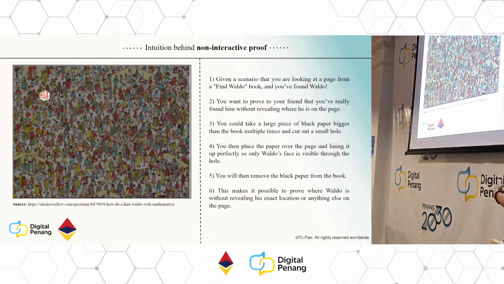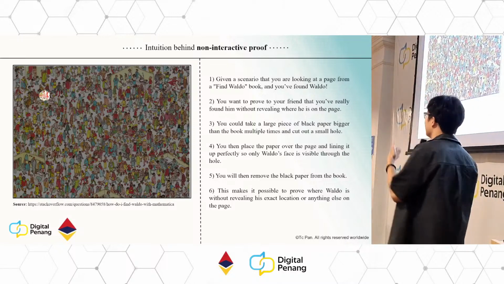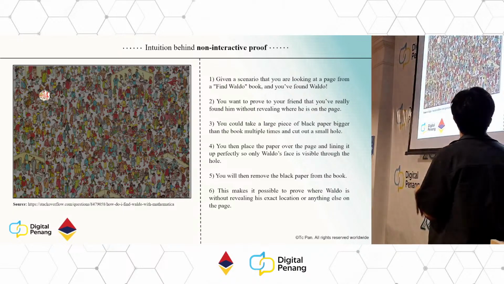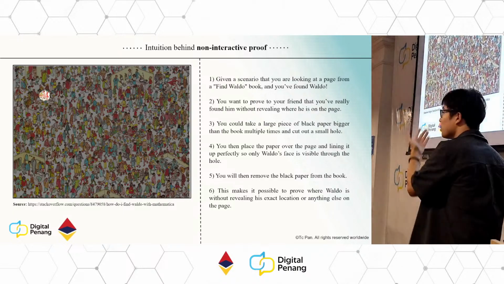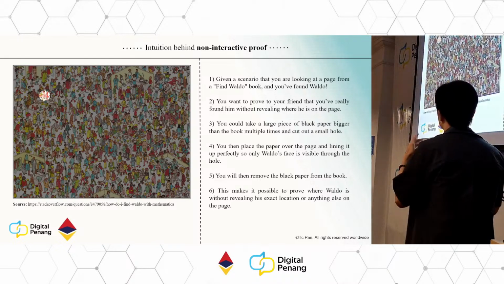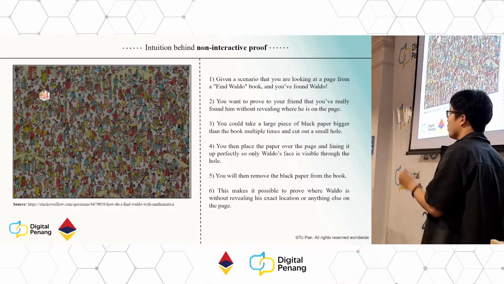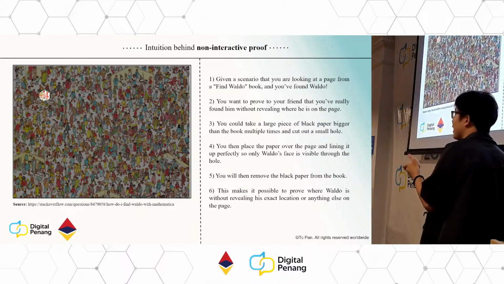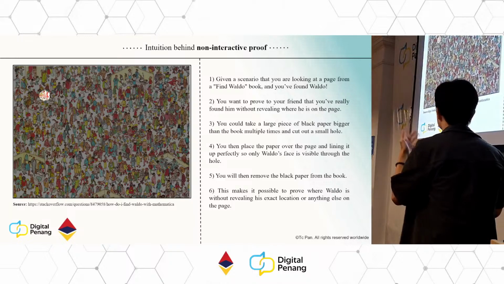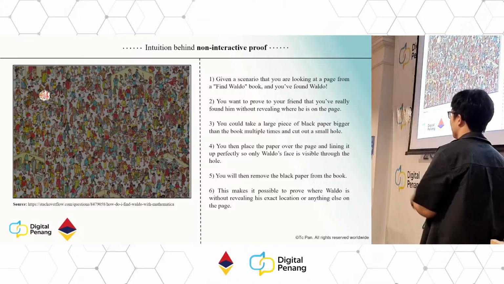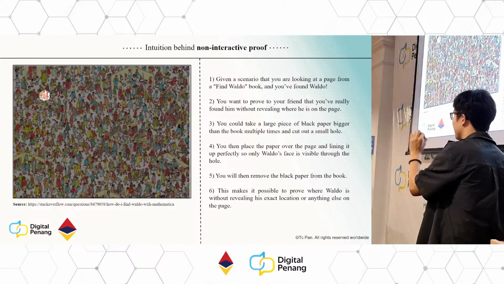Moving on, next there's an intuition behind the non-interactive proof. Given a scenario where you are looking at a page from a book, known as Find Waldo, and you have found Waldo, but you want to prove to your friend that you know where Waldo is without revealing where he is on the page. You could take a large piece of black paper bigger than the book itself and cut a hole in the middle of the paper.